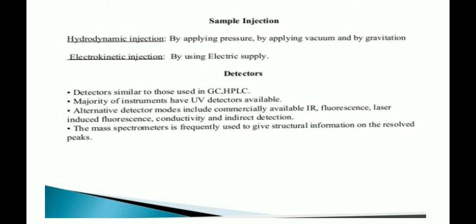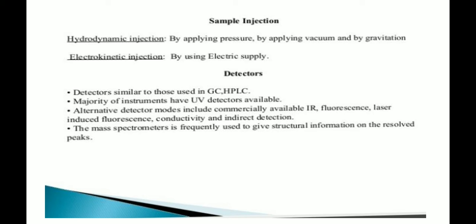Okay, now these are examples of detectors which you can use for detection of the compounds or ions separated by capillary electrophoresis. Detectors are similar to those used in gas chromatography and HPLC. We already had a discussion on gas chromatography and high performance liquid chromatography, right?